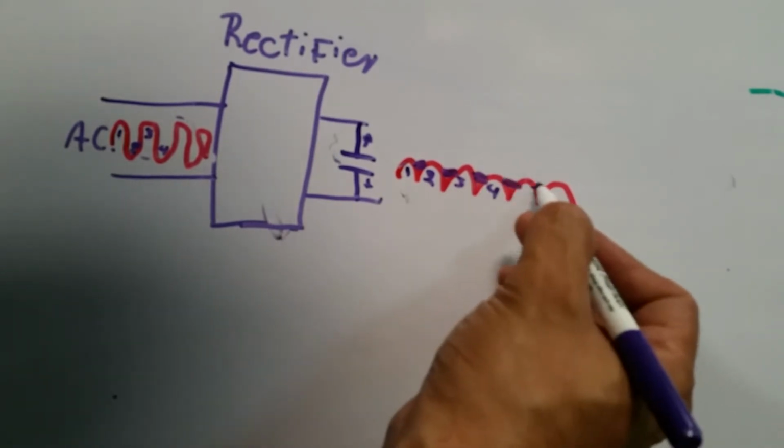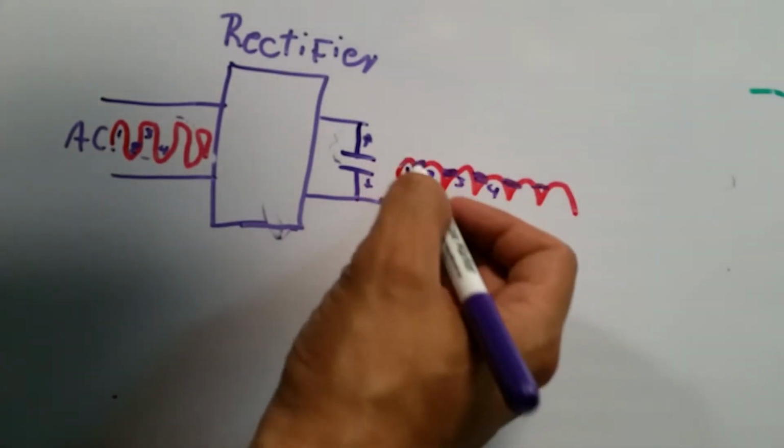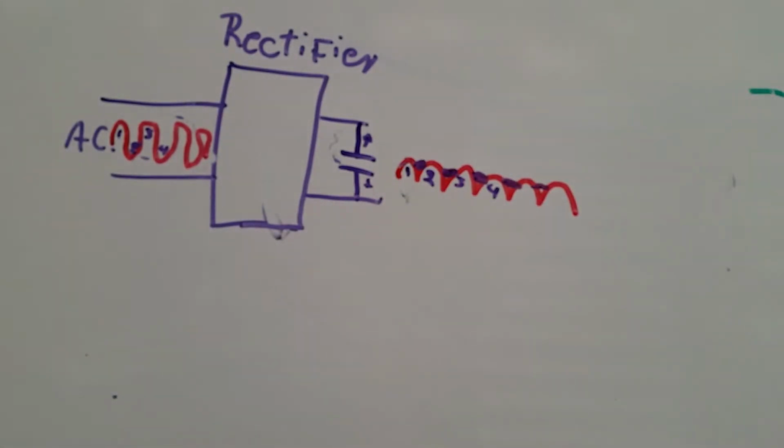At the end, the capacitor is just going to smooth out the DC signal. That is one of the biggest functions that you're going to see capacitors used for.